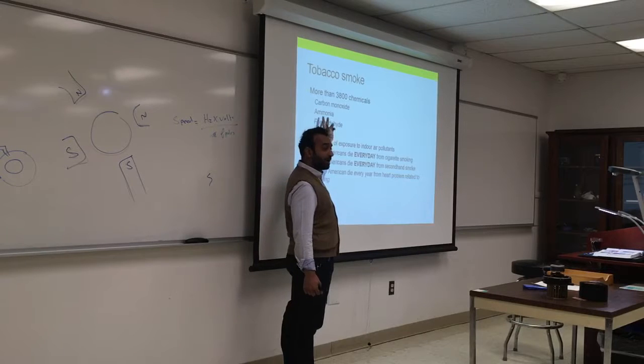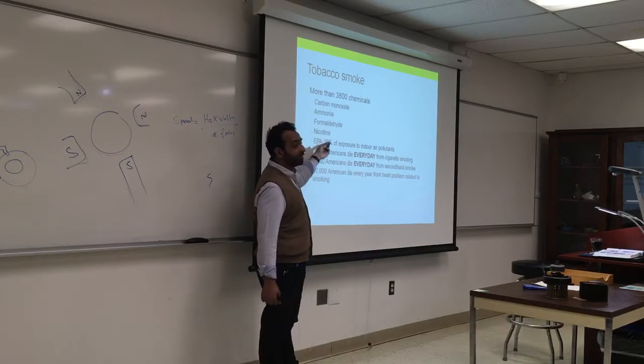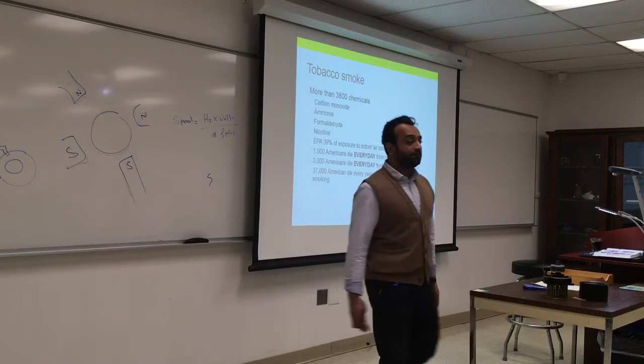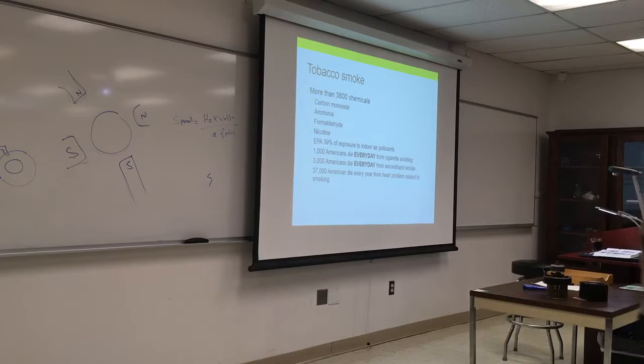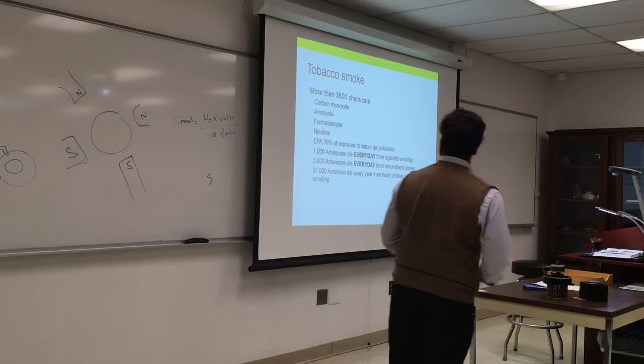Formaldehyde is one of the common things known to science that causes harm to the body. Nicotine has a long-term effect on your body. However, some doctors debate that nicotine is not as bad for you as the other things that come with it. But nicotine is highly addictive. It's not really something you want to have.